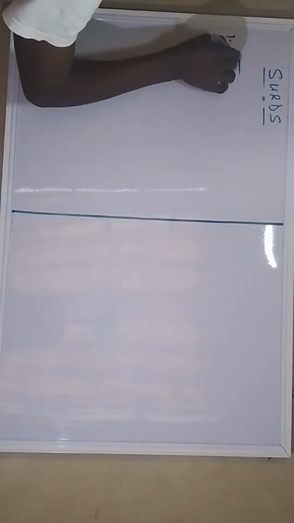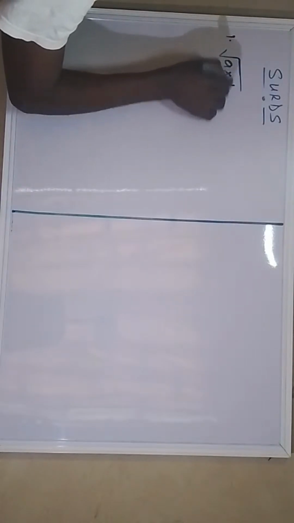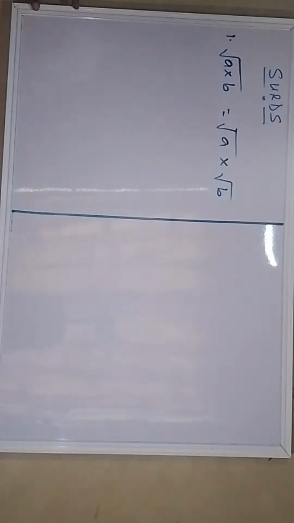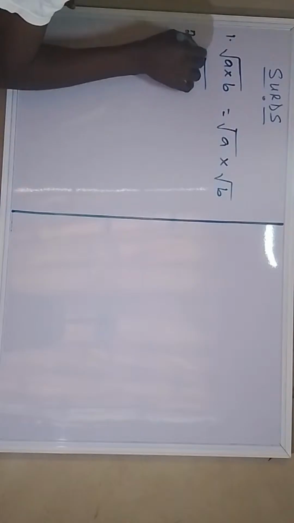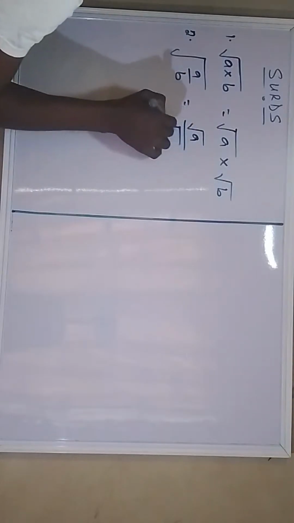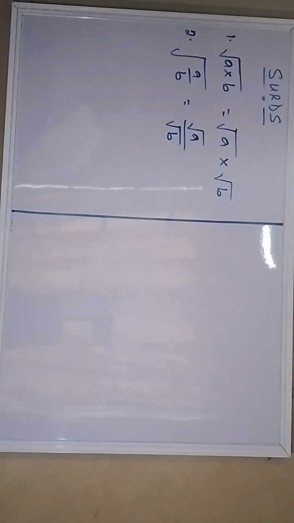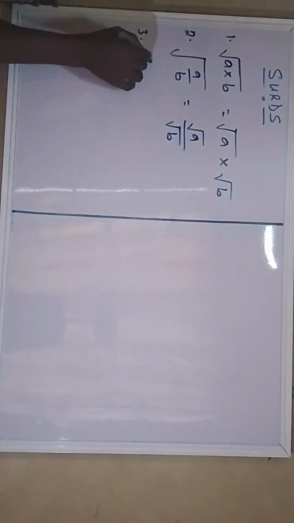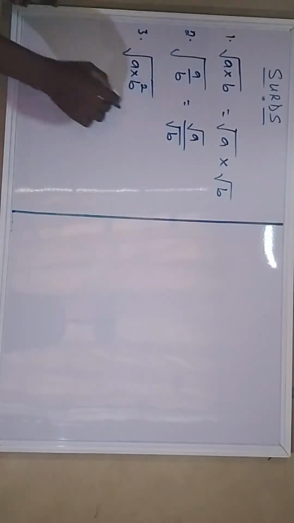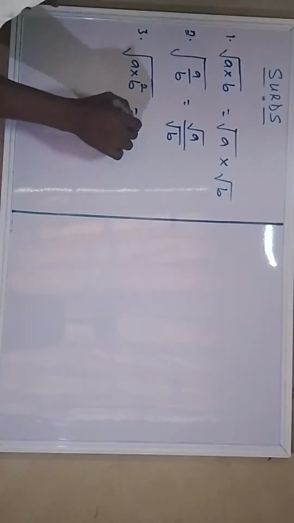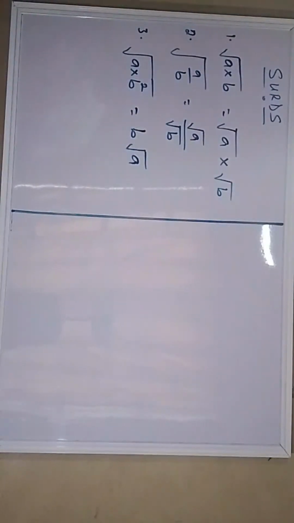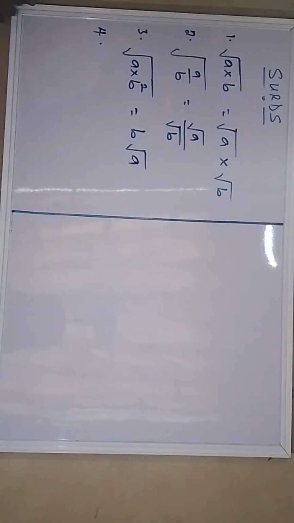The first one: square root of A times B is the same thing as square root of A times square root of B. The second one: square root of A over B gives you square root of A over square root of B. Another one: square root of A times B raised to the power of 2, the answer is going to be B square root of A.